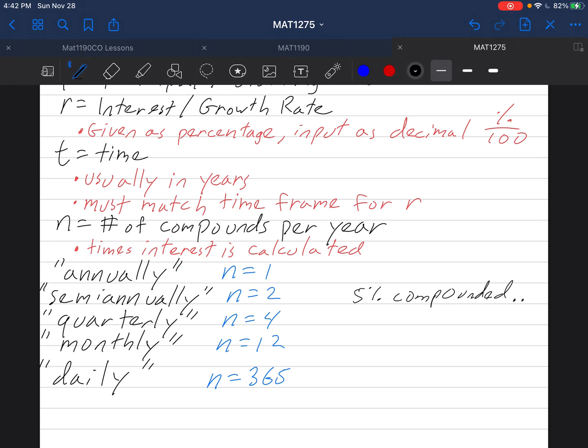With compound interest, the interest rate will be given as a percentage, followed by the words compounded, and then one of these words: annually, semi-annually, quarterly, monthly, daily. Weekly is also a possibility.